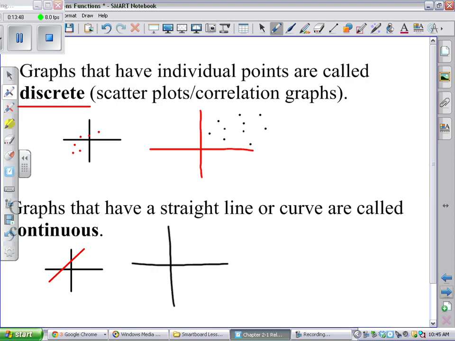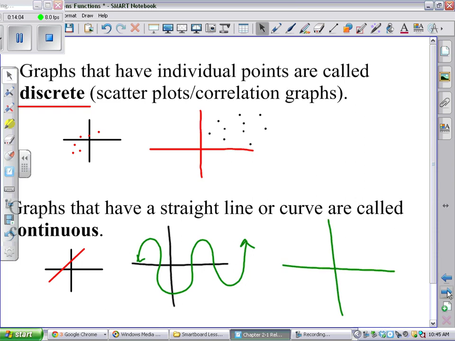So if I don't have to lift my pencil up from the paper to draw it, then it's continuous.